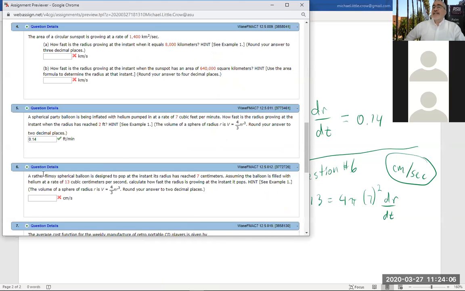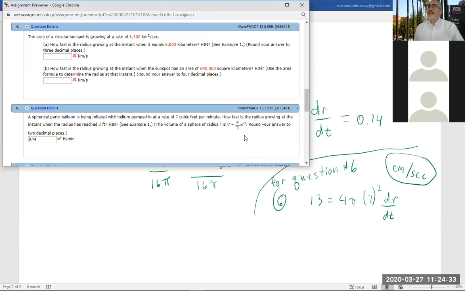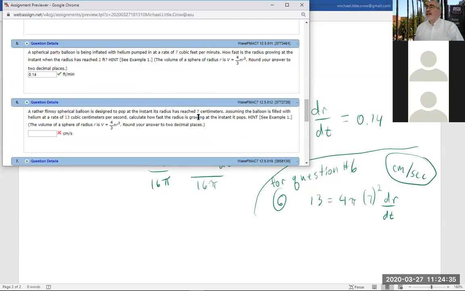So I was looking at 6. You'll have different numbers here anyway, but it really is the same problem. They just gave the information backwards. They gave the radius first, and then the rate of change of the volume, whereas in 5, they gave the rate of change of the volume and then the radius. So for my question 6, the radius would be 7 centimeters.